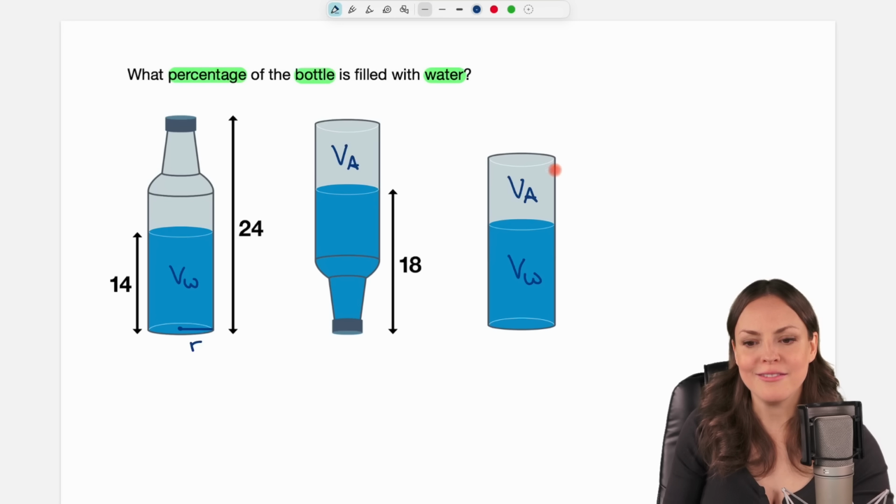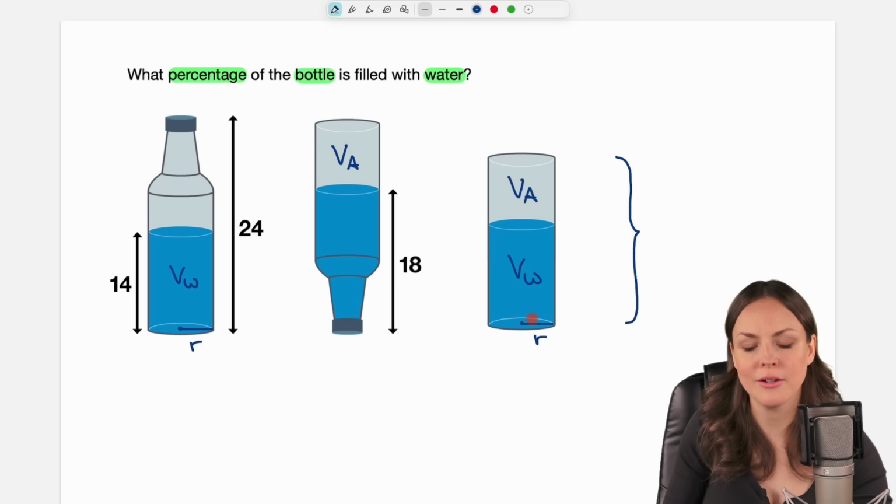Okay, how can we find the volume of the entire bottle? We need the height of this cylinder and we need the radius of this circle down here. We still don't have the radius, but we know that it is the same as for our water cylinder. But what about the height? We know that this water cylinder had a height of 14. And what about the height of this air cylinder?